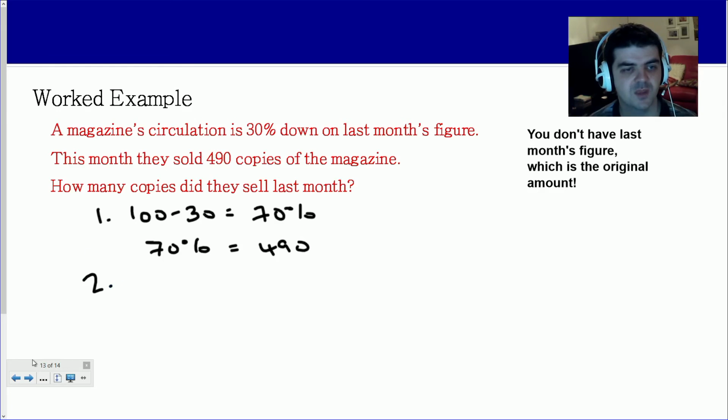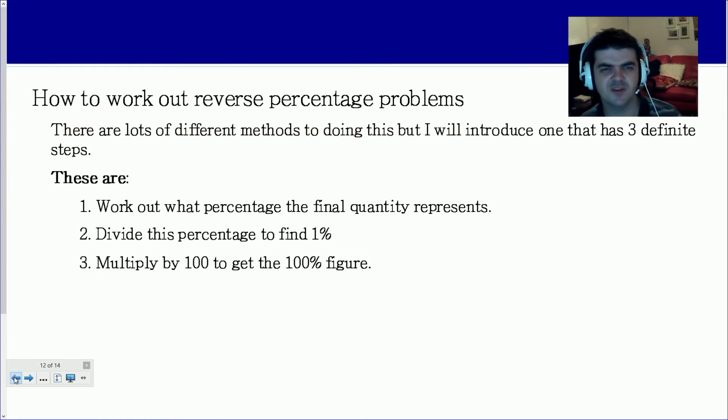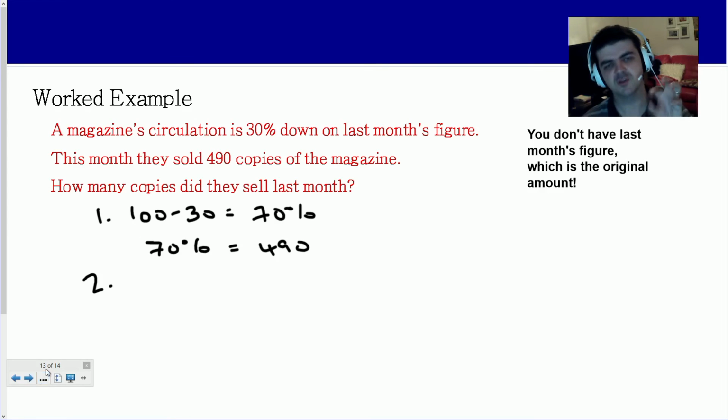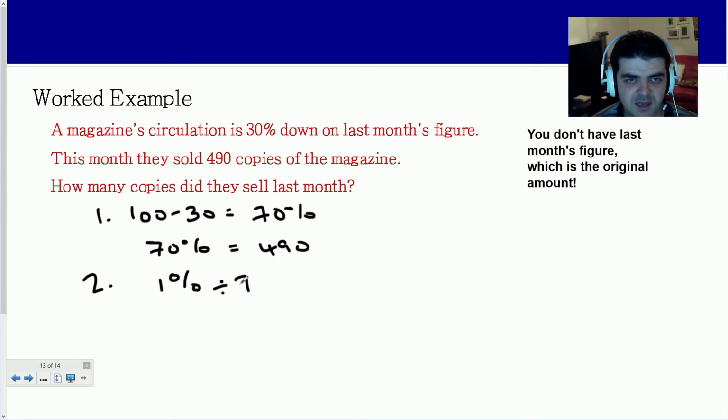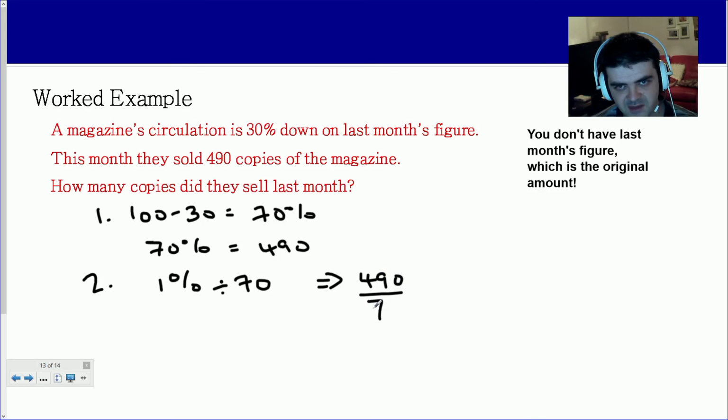Step 2 says we have to divide the percentage to find 1%. So if 70% is that 490, to get 1%, how do we get from 70% to 1%? We divide by 70. So the rules of direct proportion say we do the same to the 490 as well.